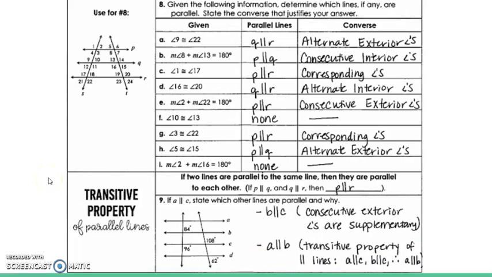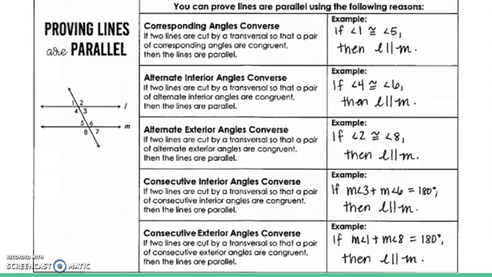So that's finding whether our lines are parallel using those same angle properties. Again, when we do this, we're using our converse. So we're saying that if the angles are congruent or supplementary, then we have parallel lines. And we want to make sure that we say that it is the converse.